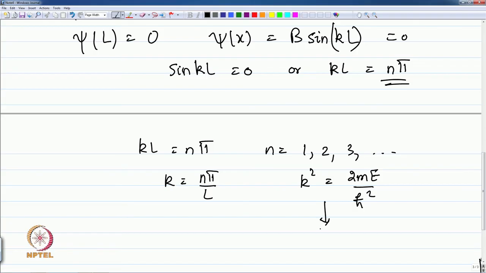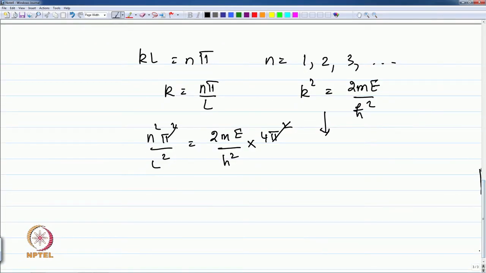Therefore, this gives you immediately that n square pi square by L square is equal to 2mE by h square times the 4 pi square that we have. Cancel things off and you immediately get the solution, namely E is equal to h square n square by 8m L square.